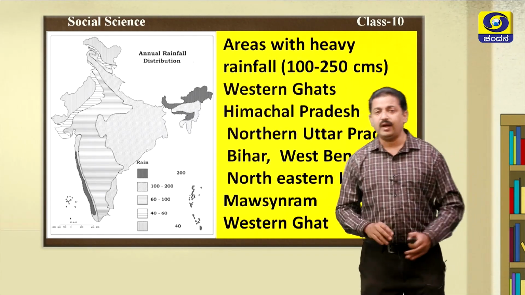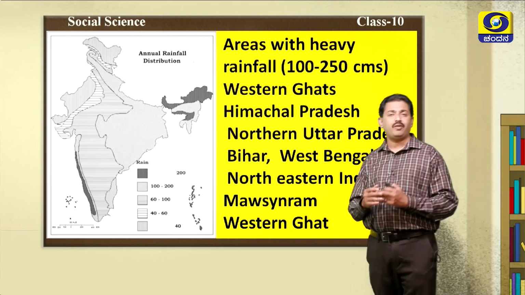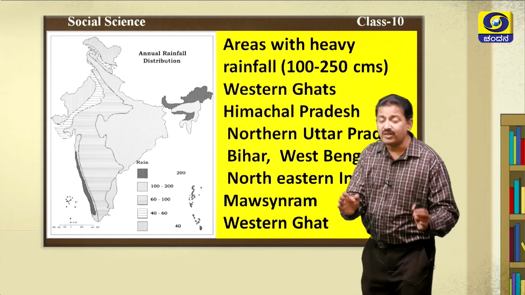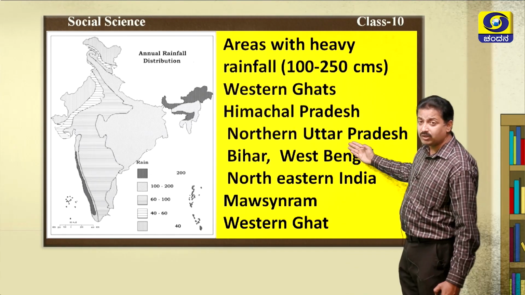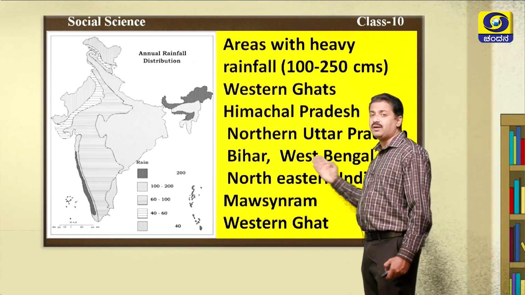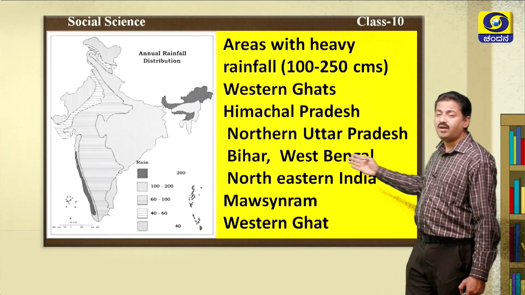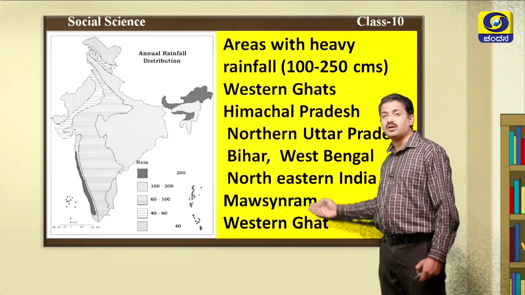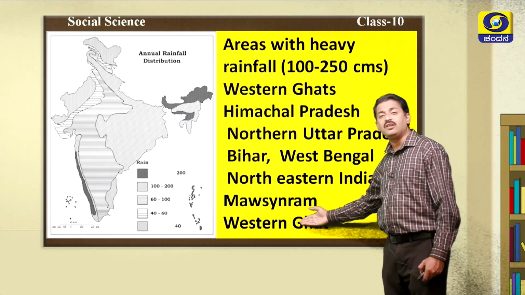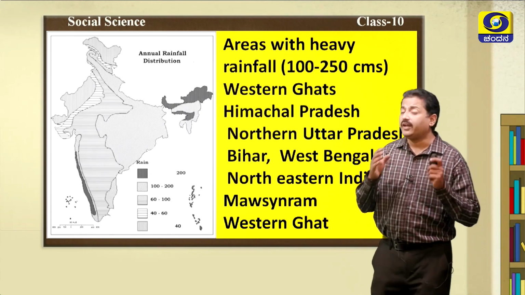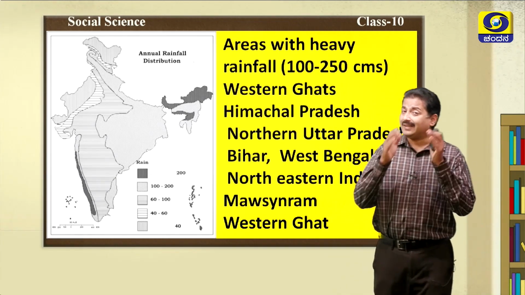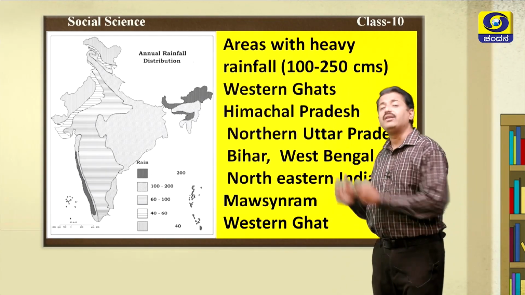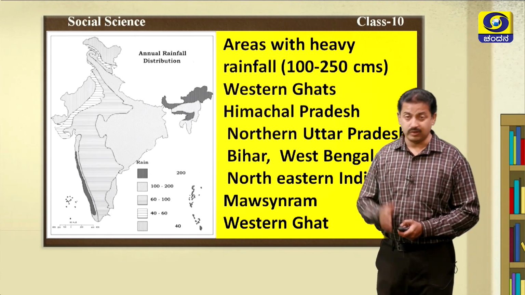In addition to that, areas with heavy rainfall, 100 to 250 centimeters of rainfall, that is Western Ghat, northern Uttar Pradesh, Bihar, West Bengal, northeastern India, monsoon and Western Ghat, all these areas receive heavy rainfall. It receives more than 250 centimeters. So, these are the 3 rainfall zones in India.